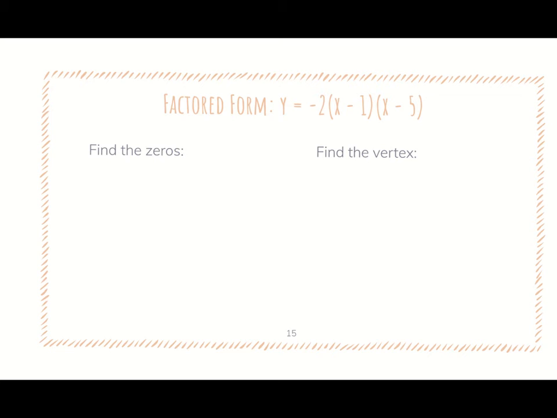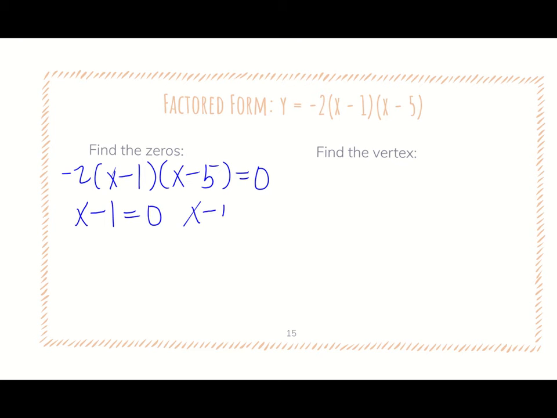All right, so taking a look at this here, we want to find the zeros. So what do we have to do? Well, none other than set our equation equal to 0. We would then take our factors and set those equal to 0 because of the zero product property.